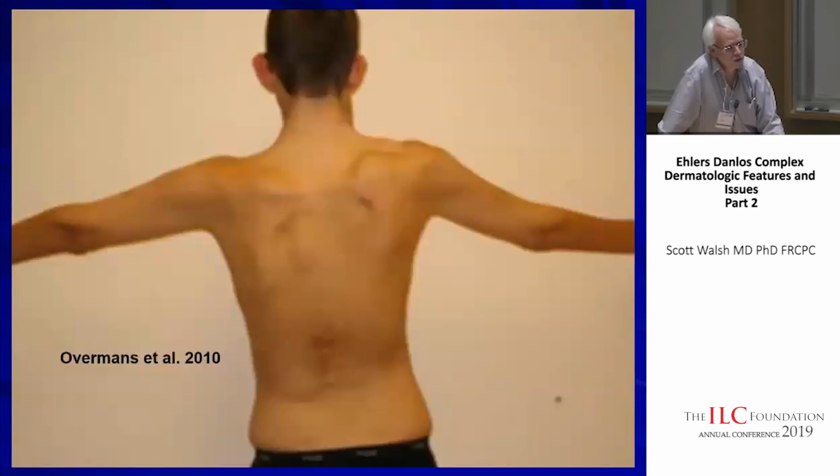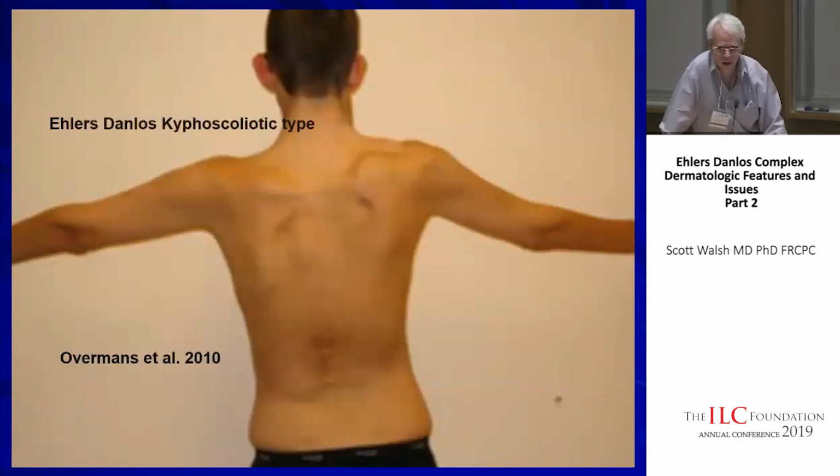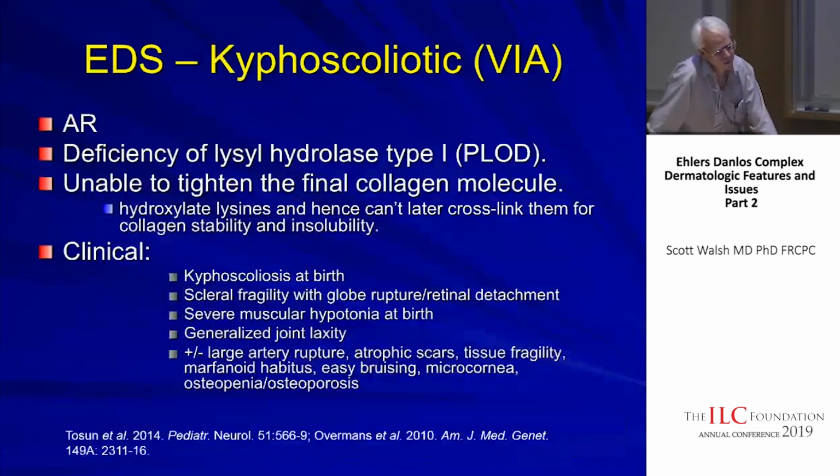So this is just because a particular amino acid is not being hydroxylated, so it can't bind later on with other collagen molecules. And this is kyphoscoliotic type of Ehlers-Danlos. And this is a type of Ehlers-Danlos that presents with progressive kyphoscoliosis, but this is the one that also affects the eye. So you can get retinal detachment more commonly in this, globe rupture.